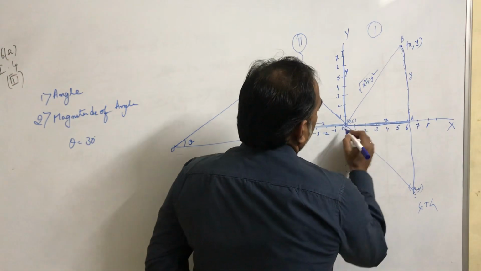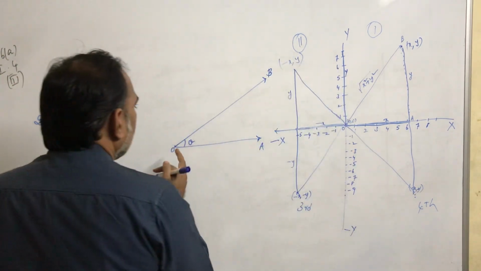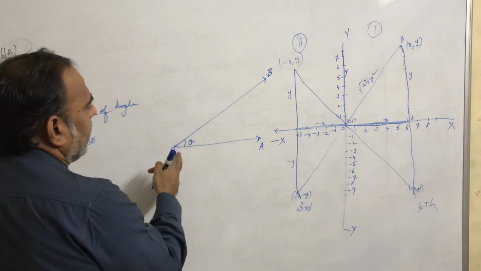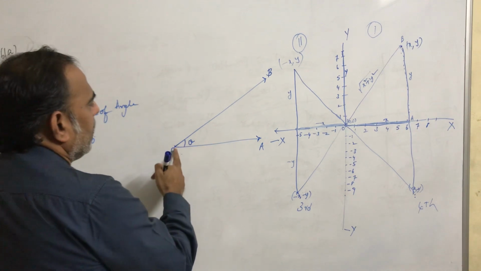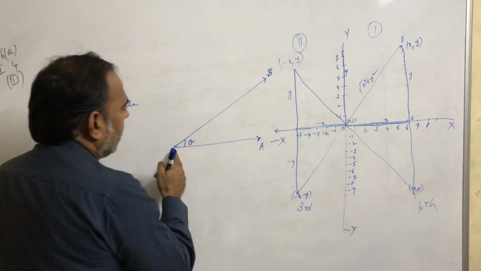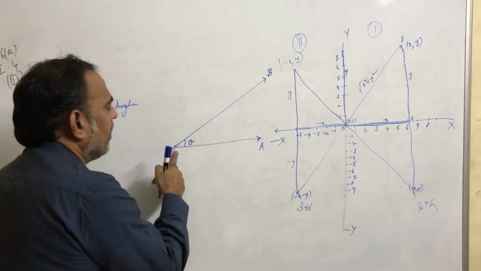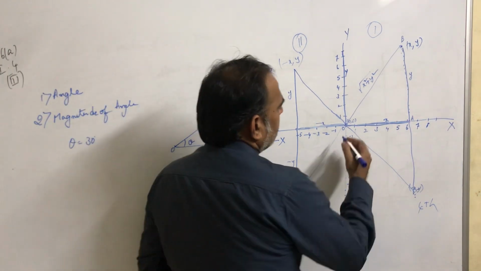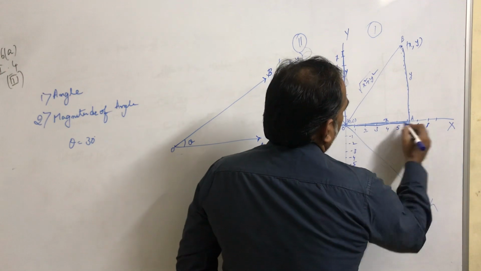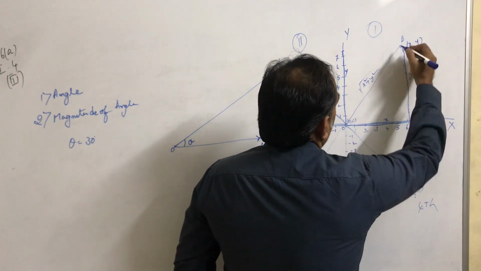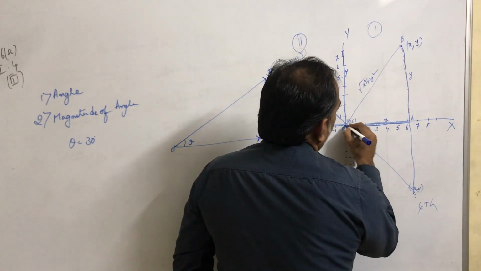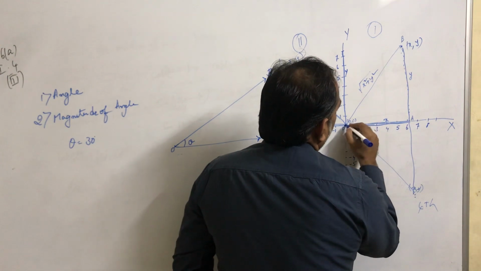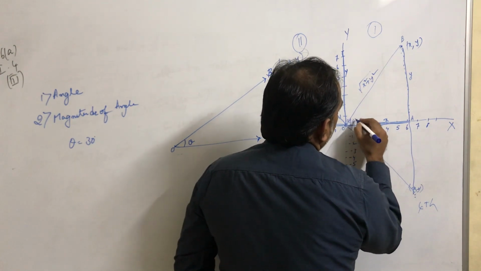Let us consider theta, which we already defined. What is an angle? The union of two rays having a common end point is called an angle. Here, if we consider this as one ray and this as another ray, and here is the common end point, we can consider this as theta.